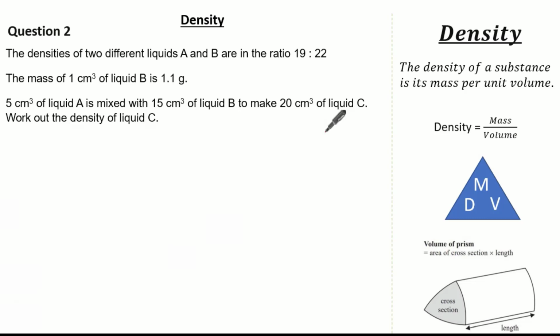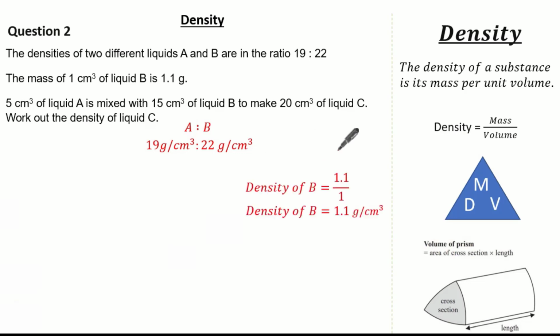Now, firstly, we know the densities of A to B is in the ratio of 19 to 22. Well, that means the density is 19 grams per centimeters cubed for A to 22 grams per centimeters cubed for B. Now, because we're given the density of B would be the mass divided by the volume, we know the mass is 1.1 divided by 1 gives me the density of B to be 1.1 grams per centimeters cubed.